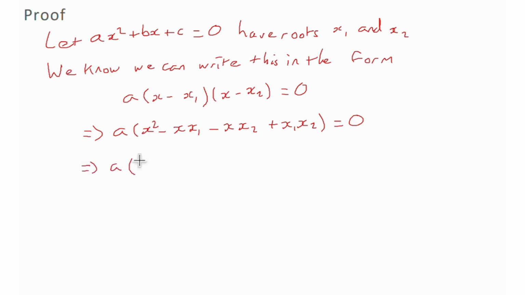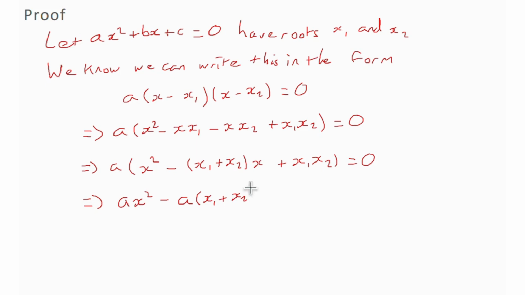With a little bit of factorization in the middle, we get x squared minus (x1 plus x2) times x plus x1 x2. And then multiplying through by the a in the expansion, we get ax squared minus a(x1 plus x2) times x plus a x1 x2 is equal to 0.